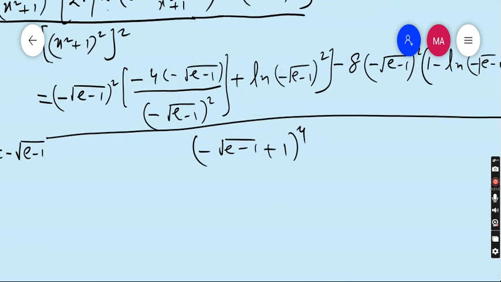Now check. Minus square is plus, square and root cancel, e minus 1. Minus 4 into minus is plus 4, square and root cancel, e minus 1, plus ln, square and root cancel, e minus 1.